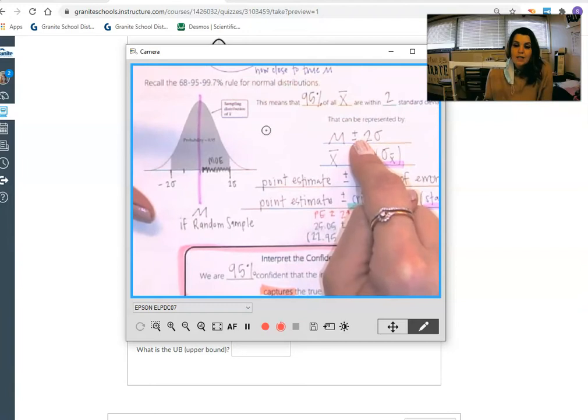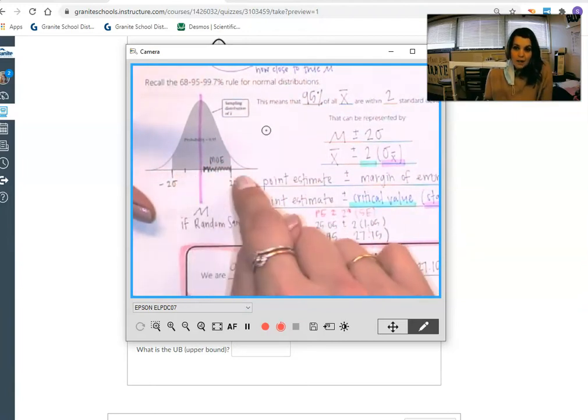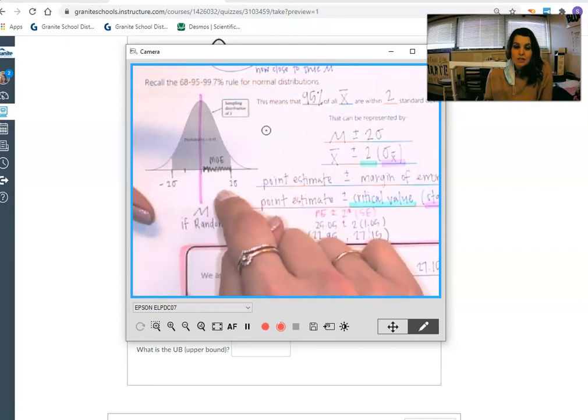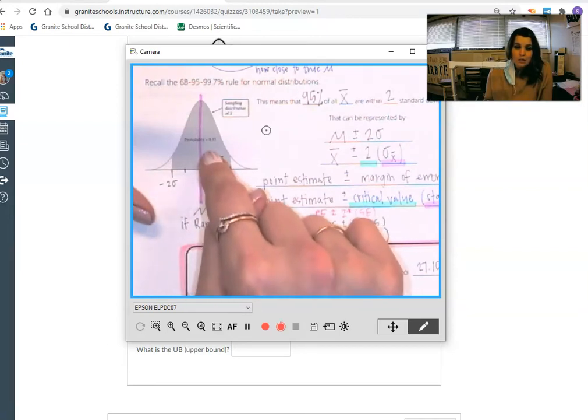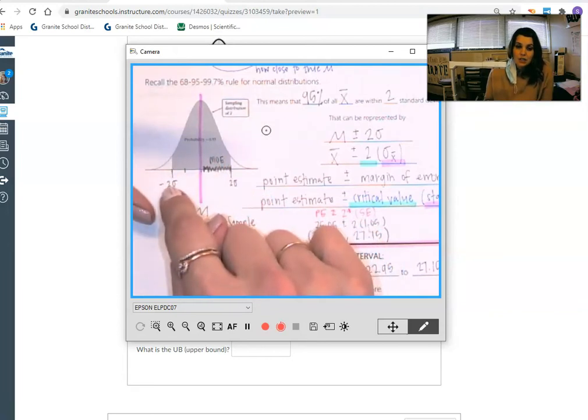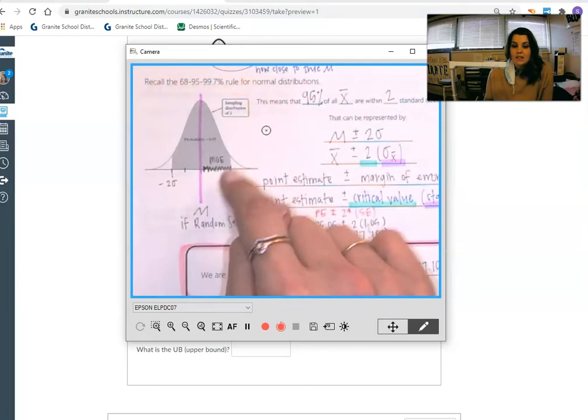Well, where did we get that 2 from? Well, it's how far away in standard deviations we are from the mean. So if we're 2 standard deviations away from the mean, that is 95% of our data. That 2 comes from how many standard deviations away you are, and that is a z-score.